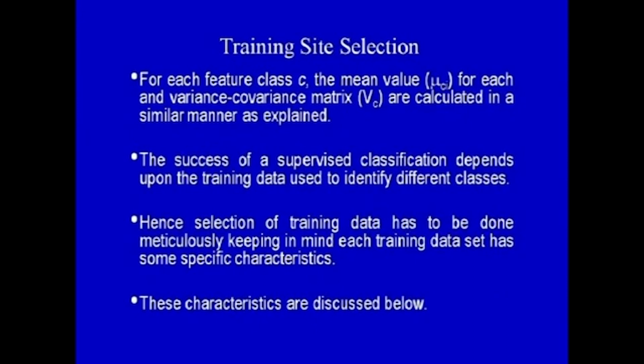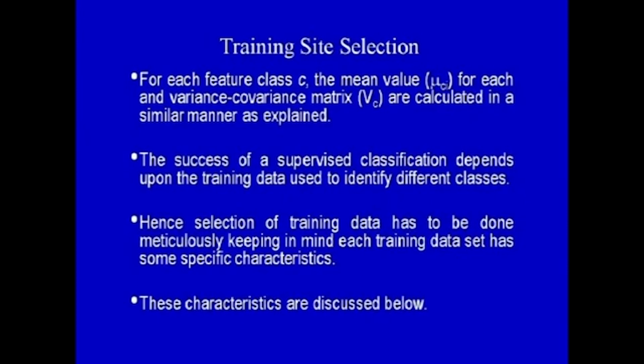For each feature class C, the mean value mu_C_i for each band of data and the variance covariance matrix V_C are calculated in a similar manner as explained while extracting initial statistics of the satellite data.